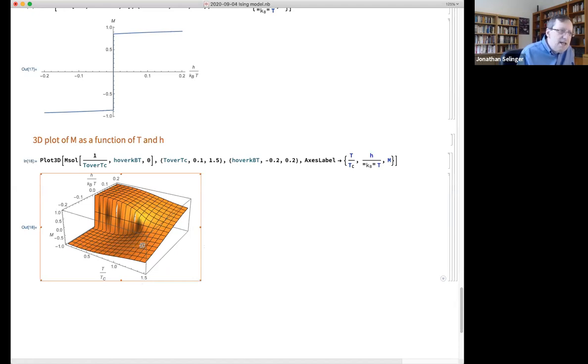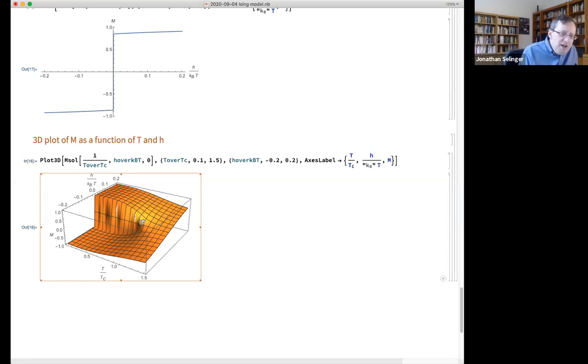At high temperature, you go smoothly between negative order and positive order, but then you reach the critical point, and there's a really special point right there, at T equals TC and field equals 0.